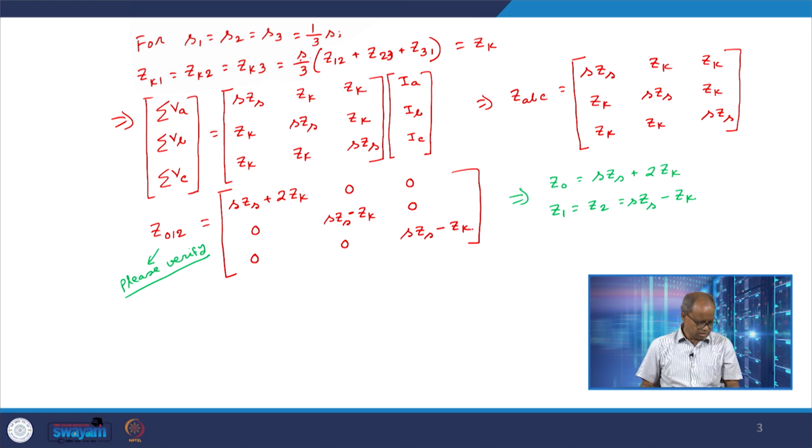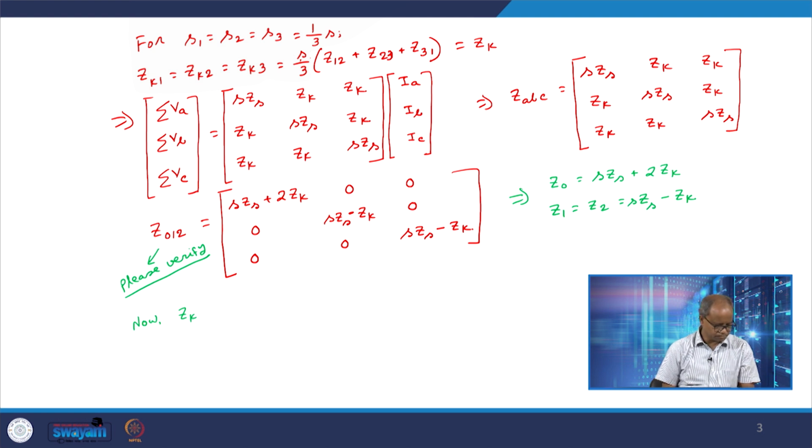Now let us see what the value of Z0 is. We will utilize the expressions of Zs and Zk. What is Zk?